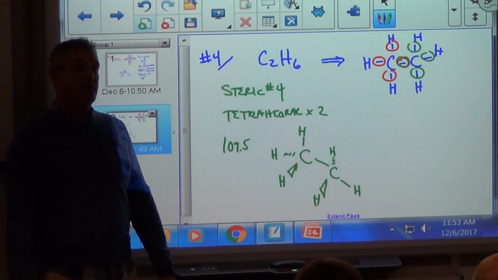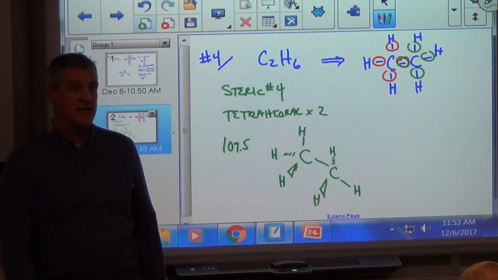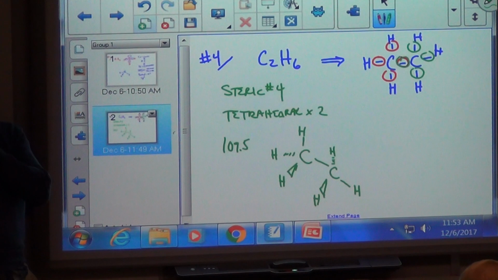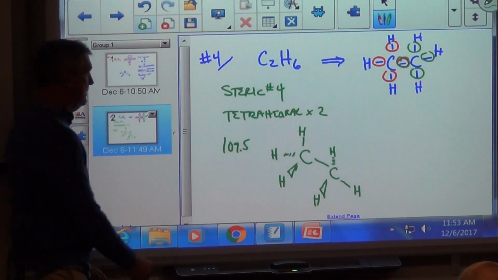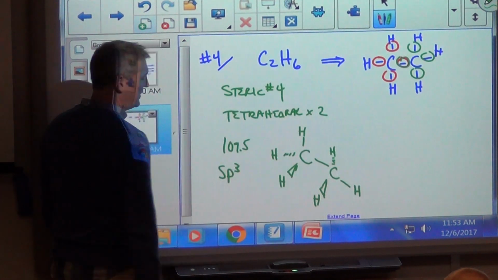It's 107 if we have a lone pair that pushes our bonding pairs away a little bit. If there are no lone pairs, then it's going to be 109.5. What's this, sp3? And because it's steric number 4, it's sp3.